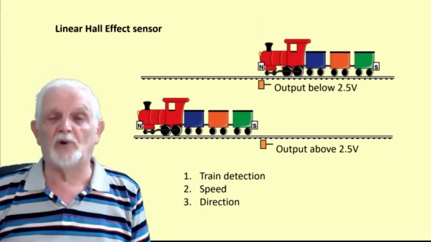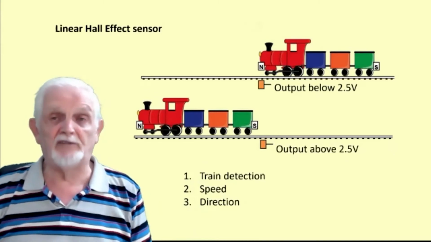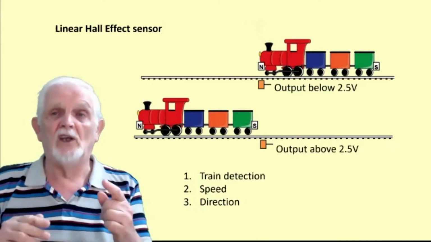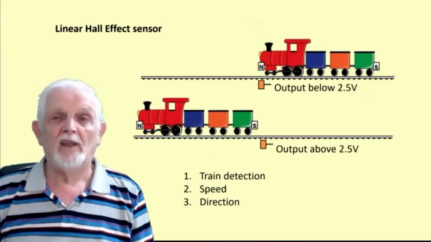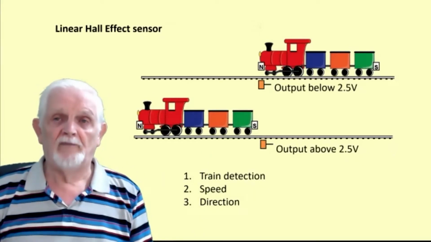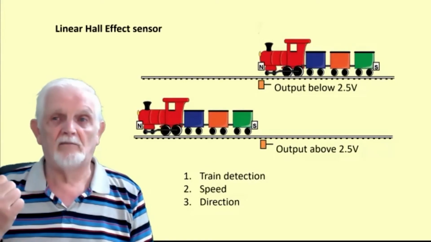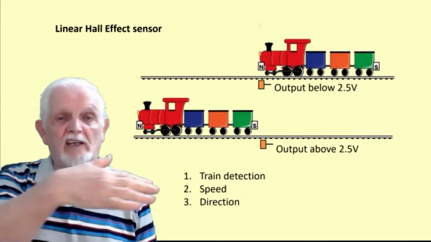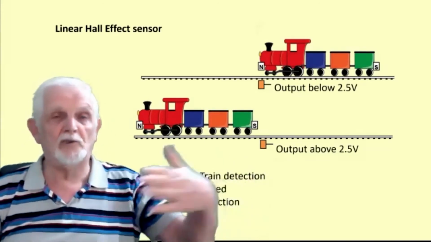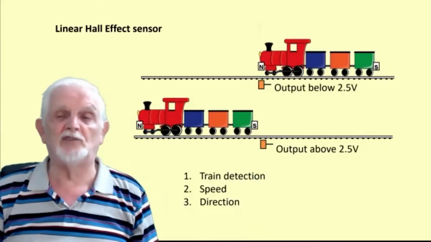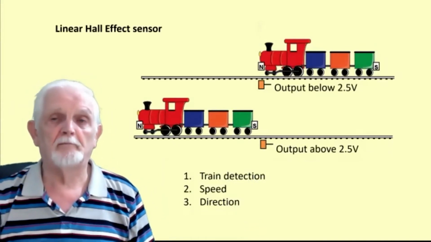You know, for example, that a train has been detected. But more important, you can tell the speed if you wanted to. Just measure the time between when it went below 2.5 and when it went above 2.5. And also direction. If it went low first, followed by high, it was going leftwards. But if it went high, then low, then it's going rightwards. You can tell direction as well as speed using Hall effect sensors.